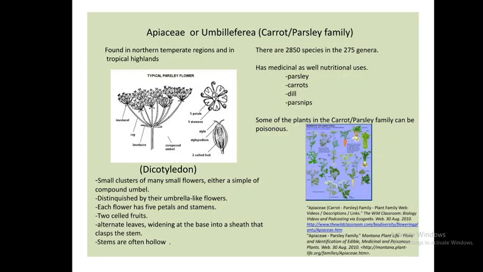Now the gynoecium. Gynoecium consists of a bicarpellary syncarpous inferior bilocular ovary. The carpels are antero-posterior.